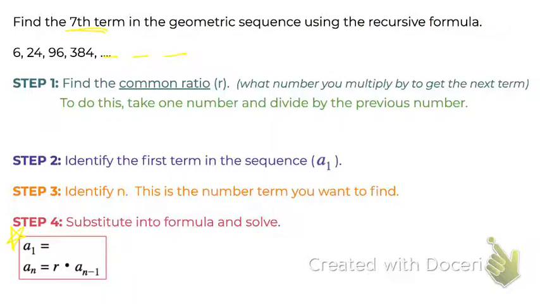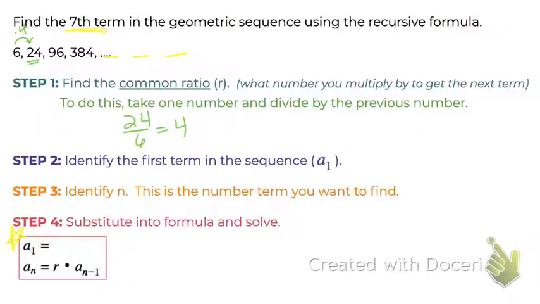So to find that number, sometimes it's obvious, but if not, this technique works for any sort of sequence. You just pick a number like 24 and you divide it by the previous number. And we get 4. That means that 6 times 4 gives us 24. We're multiplying by 4.